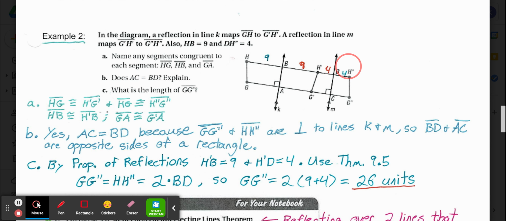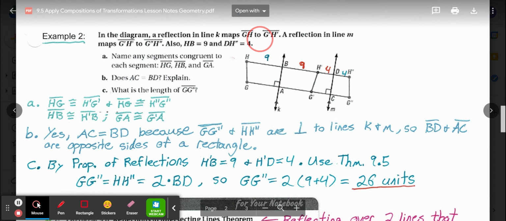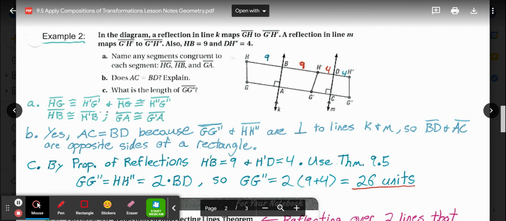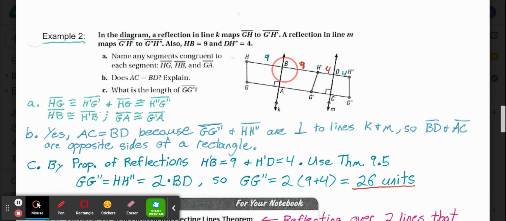Same distance because it's the same two reflections. So that would tell me that it's 2 times the distance between line K and line M. So that distance from point B here to D, which would be 9 plus 4, or 13. So the distance from point G to G double prime would be 2 times that distance, and 9 plus 4, 13 times 2 is 26 units.